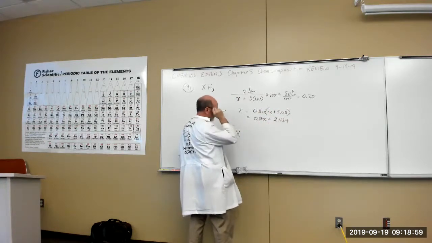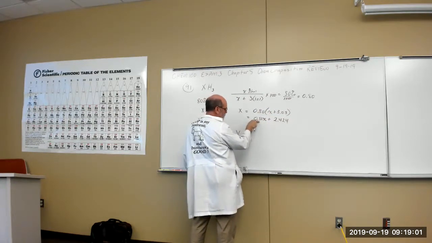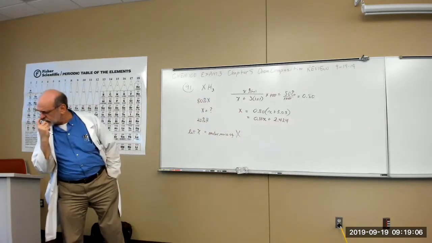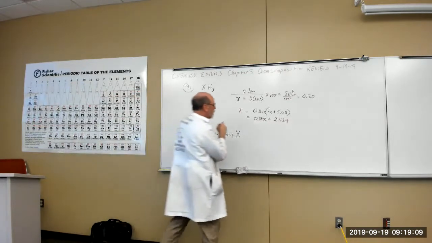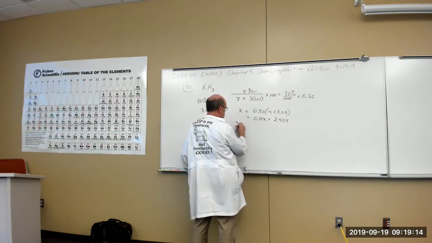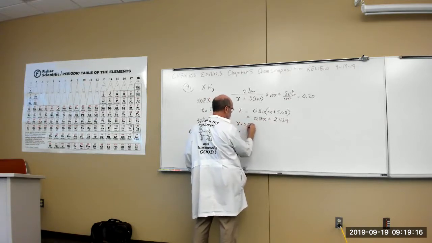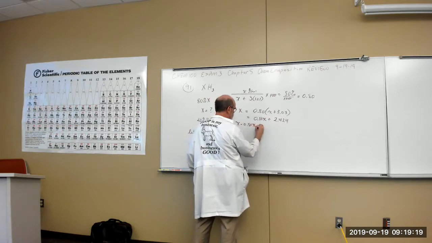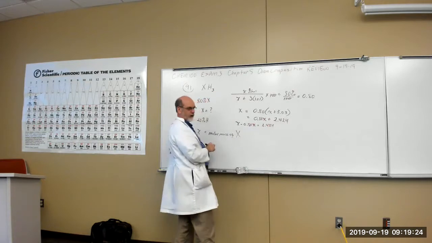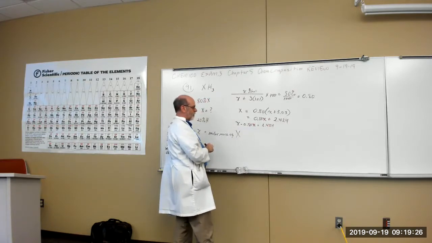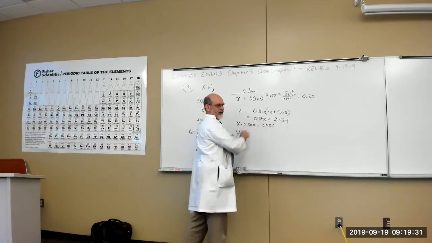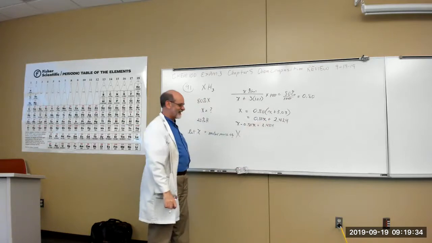Now that we've got these expanded, we can take this X and put it back over here. So this would be X minus 0.8X equals 2.424. See, I would want to divide the X by itself. Oh, you can't do that. Okay, the plus, that's what confused me.